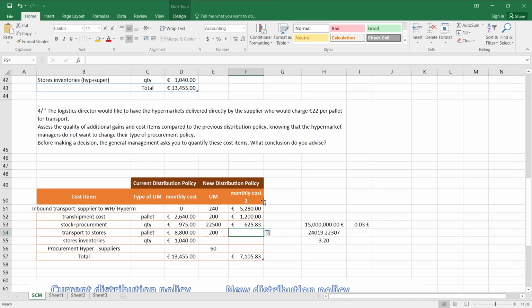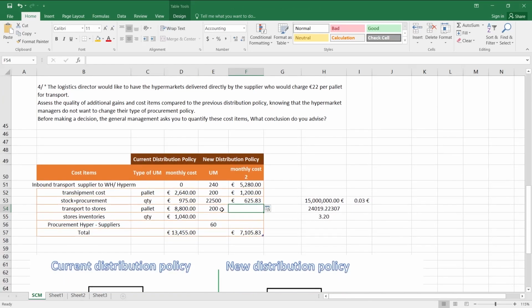For the transport to stores, once again we are left with only 200 pallets, which means that we will put 200 pallets times 20 euros, and that will give us 4,000, which is the half of the cost of the previous distribution policy.